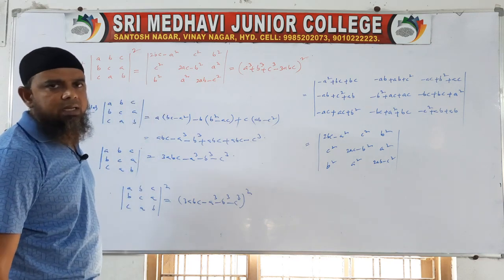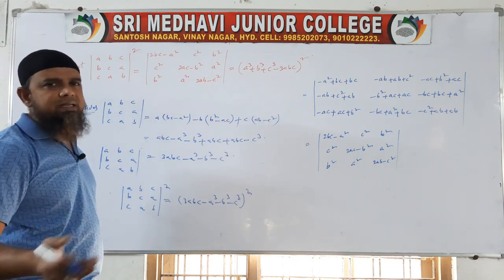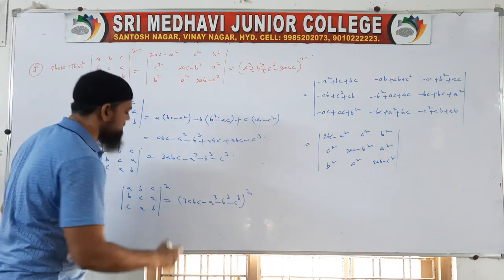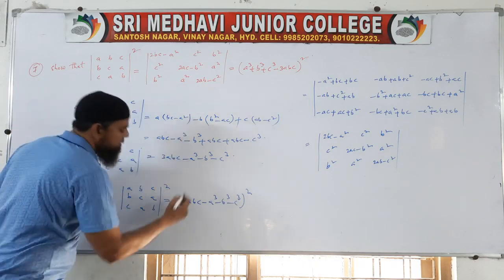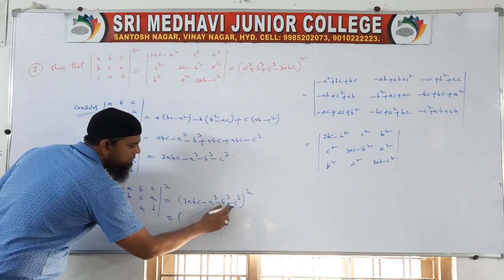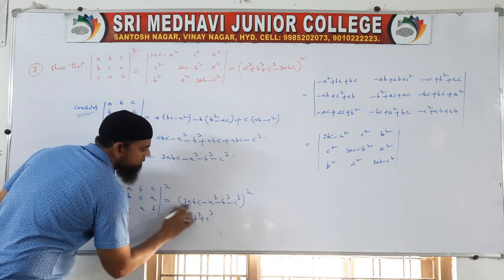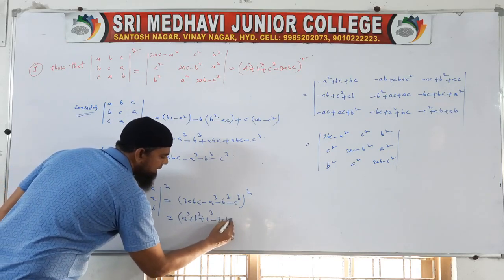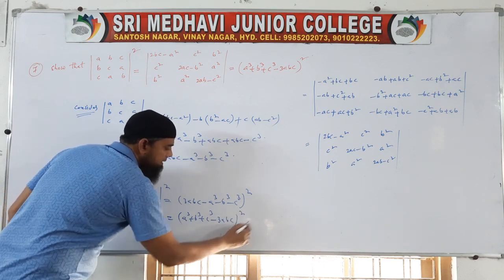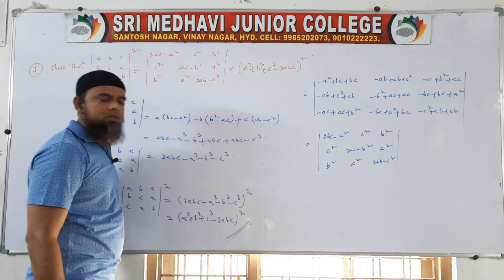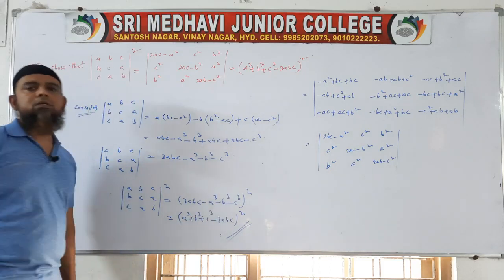Whenever square is there, we can change minus to plus. According to the answer, we have to show this one, no? So these three minuses will be changed to plus: A cube plus B cube plus C cube. This is positive, no? We can write negative whole square. This can be possible only in square problems. So your problem is over.